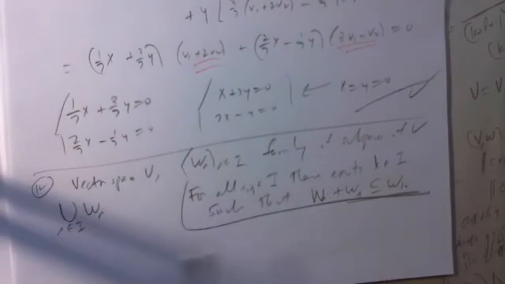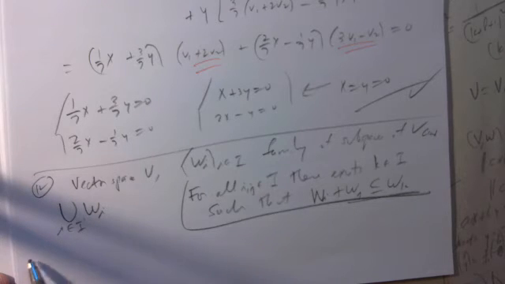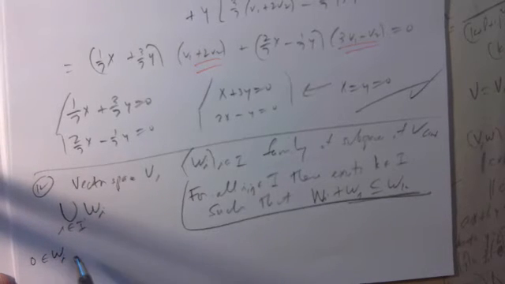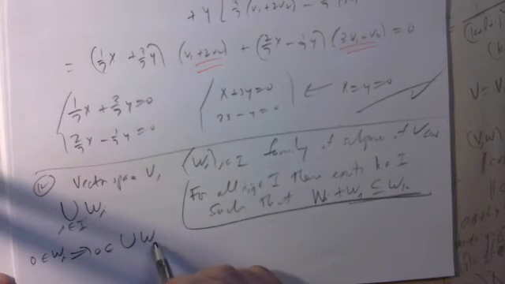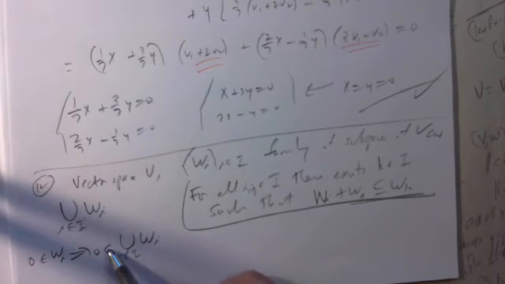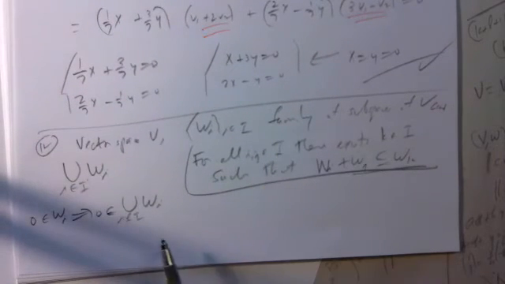Now, I want to prove this union is a subspace. So the first thing you can say is, 0 is in Wi for any i. So 0 is always in the union of these subspaces. In fact, 0 is in every one of them, but it only has to be in one for this to be true.